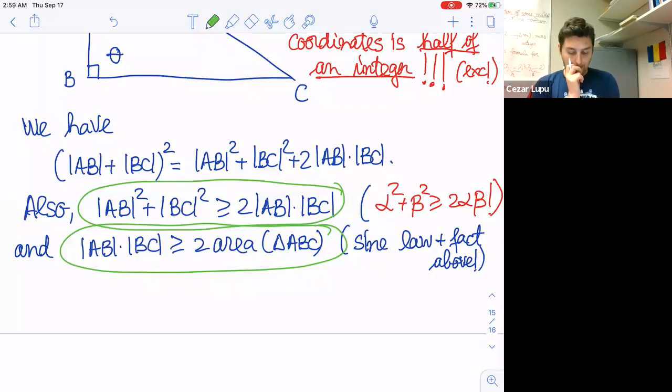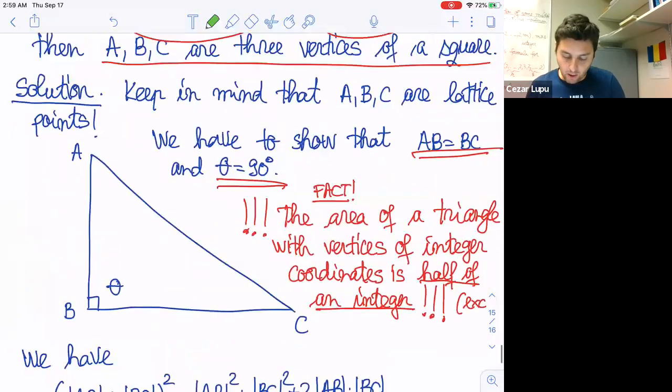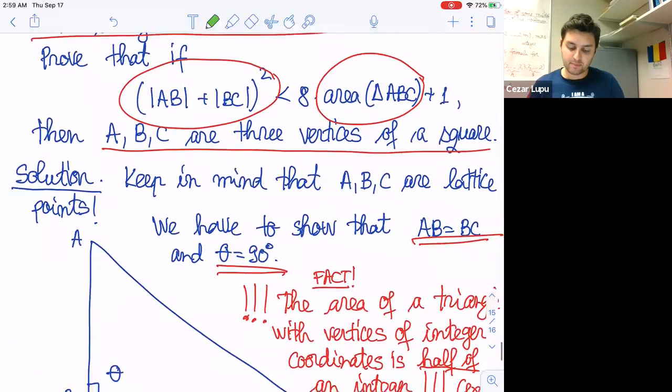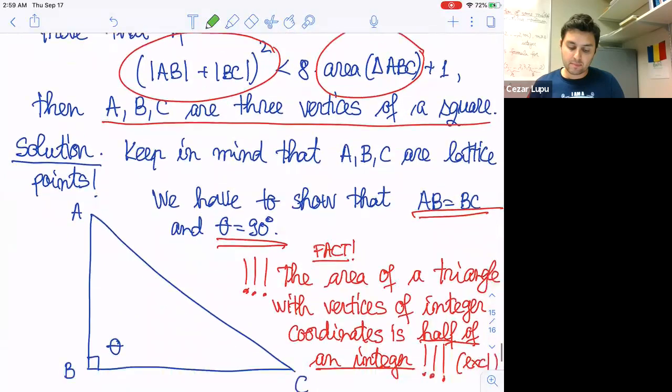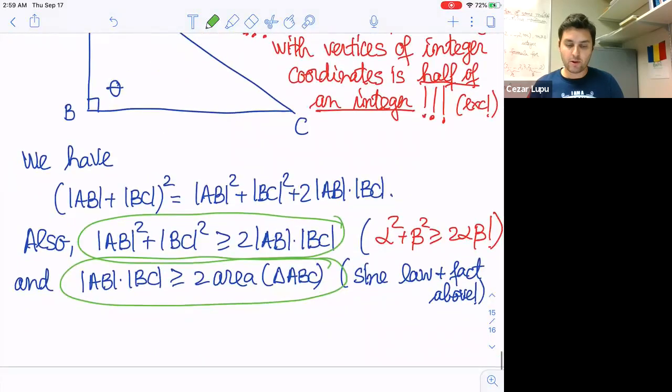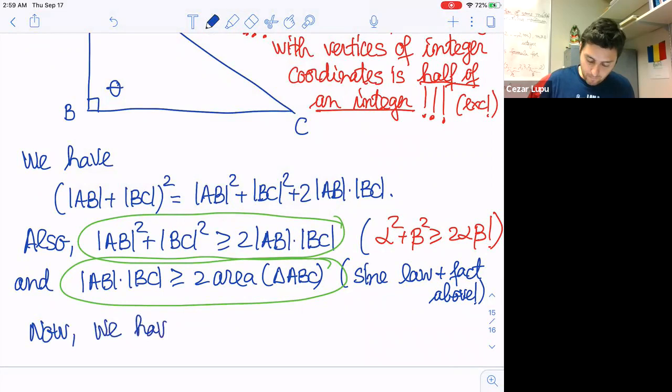Well, let's see now. And now let's explore our inequality, because we want to use these two inequalities here.